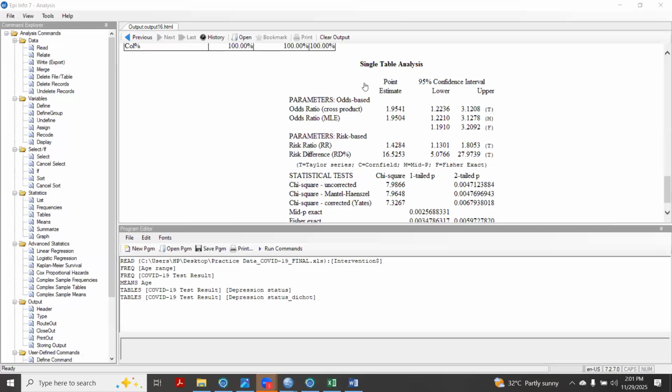A side effect of less than 2% would not be significant in any way. So I'm not sure you would even want to do a relative risk on that, because it's so insignificant.